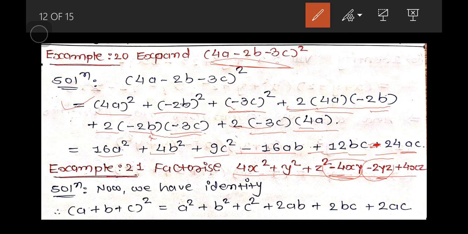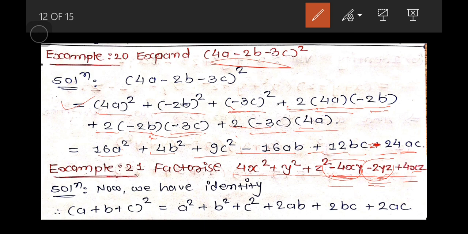We give a minus sign to y, because in both the fourth and fifth terms y is common. If we give a minus sign to the fifth and sixth terms, then you can see that z is a common term, so we give a minus sign to z.